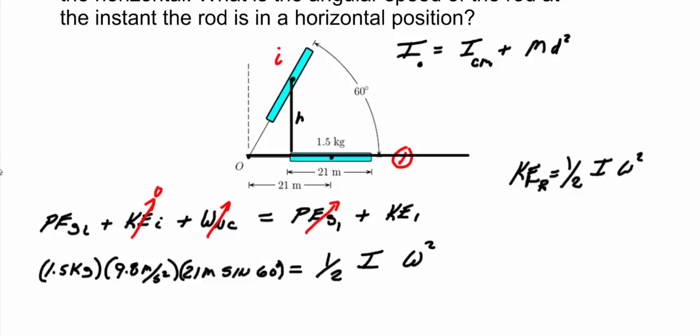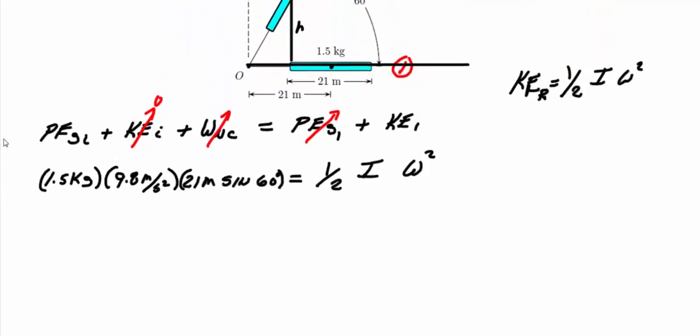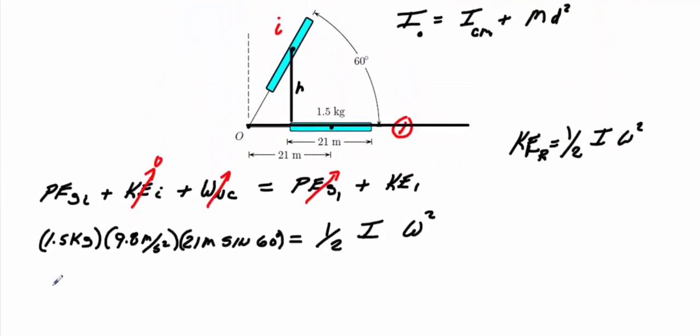So I'll scroll down here and run the value of I. So I about O would equal 1/12 of the mass of the rod, which is 1.5 kilograms, times its length, 21 meters, squared. Again, that's its own moment of inertia around its own pivot point.